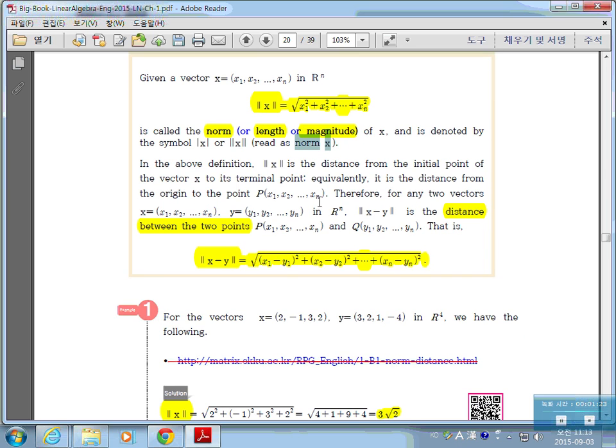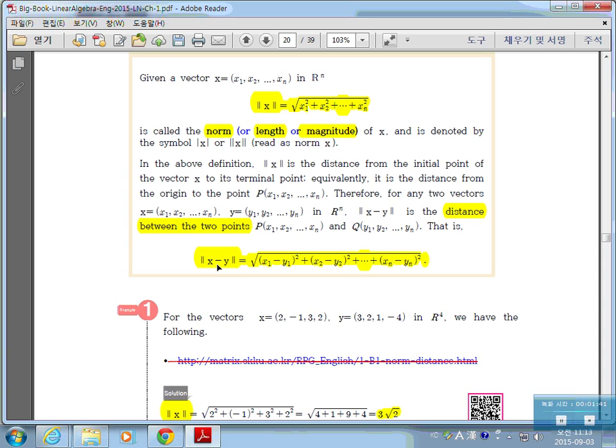And the distance between two vectors in Rn can be found in this way: the norm of the x minus y vector.